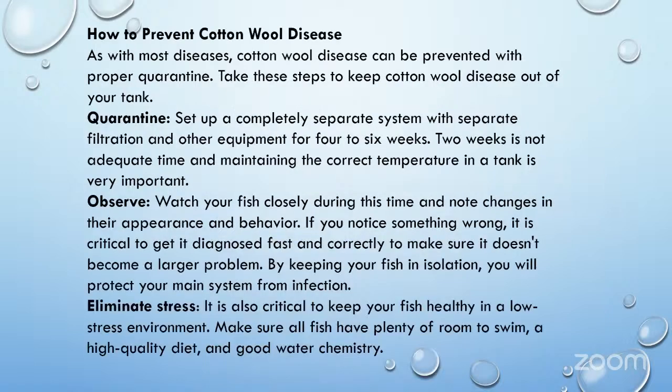Now, how to prevent cotton wool disease? As with most diseases, this disease can be prevented with proper quarantine. So these are the steps to be followed for quarantining the diseased fish.